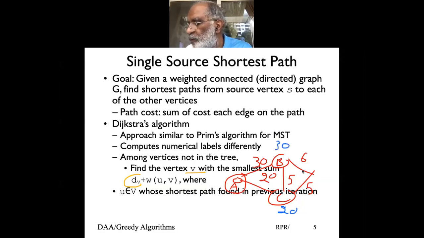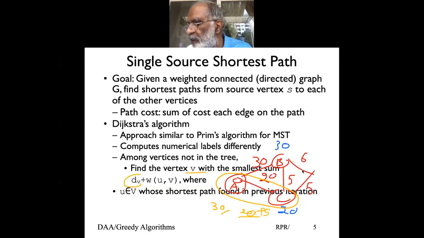Now, because among B and C, C is the closest, we make C part of the tree along with A. And now we look at what is the cost of B. We know the cost from A to B is 30, but the cost from C to B is 5 and A to C is 20. So we look at the minimum of 30 and 20 plus 5.